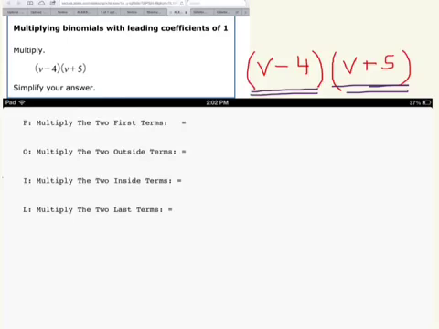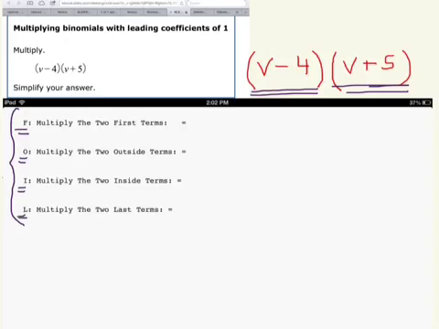And that's what this is over here. This is the word FOIL. And as you can see, there is an F, O, I, L. And if you can remember the word FOIL, it should help you along in these particular problems.